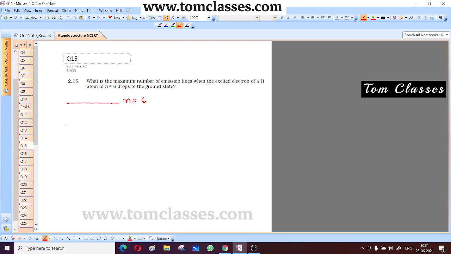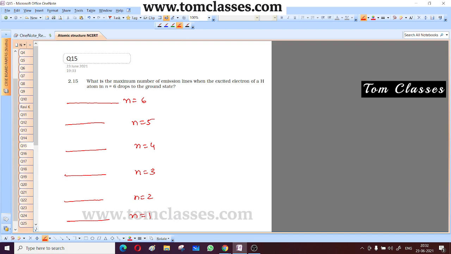So n is equal to 5, then n is equal to 4, n is equal to 3, n is equal to 2, and n is equal to 1, right? There cannot be n is equal to 0 after that, because the electron cannot enter into the nucleus.